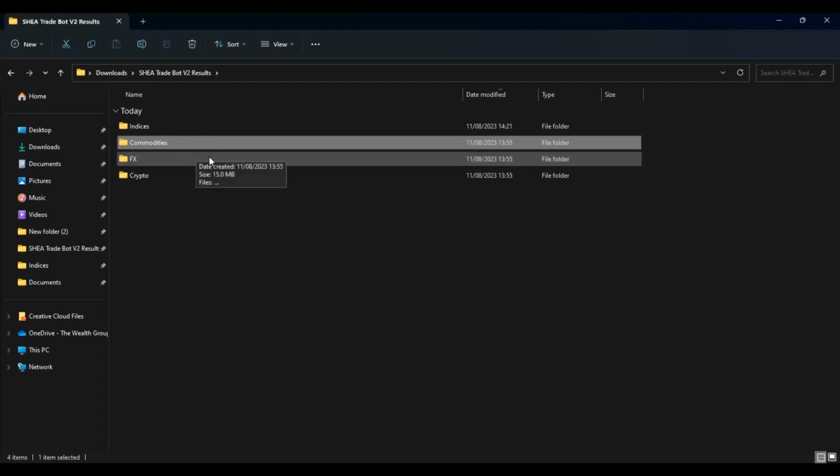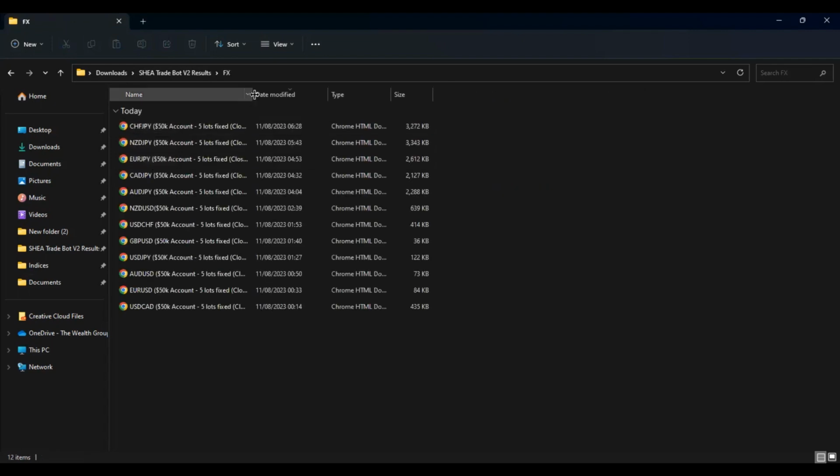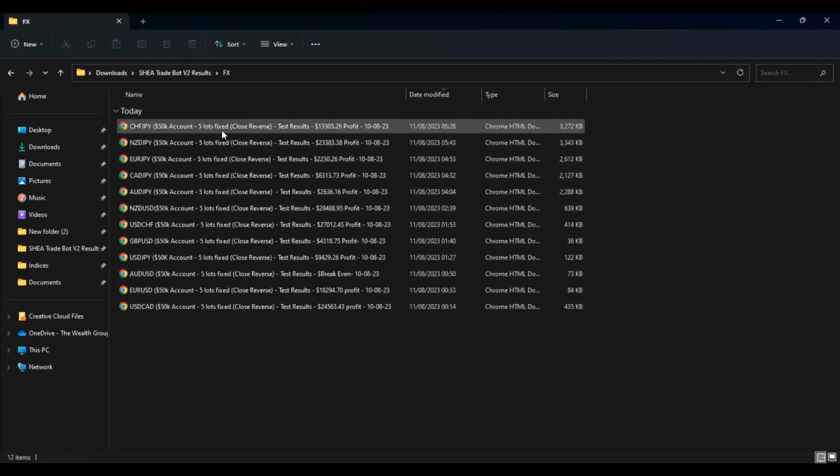Futures should be slightly different because of the calculations for futures contracts, but for everything else, FX, indices, commodities, and crypto, it works perfectly. So for FX, all right, I'm opening it. For a 50K account with fixed 5 lots with the optimal settings, we got 13,305 profit.